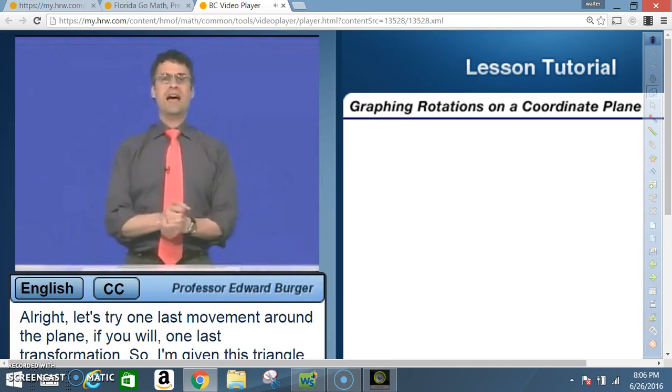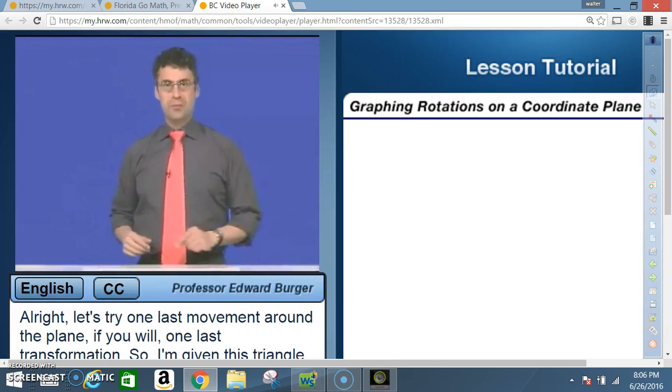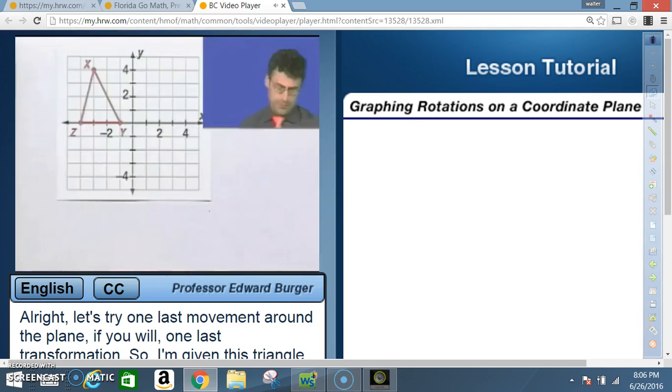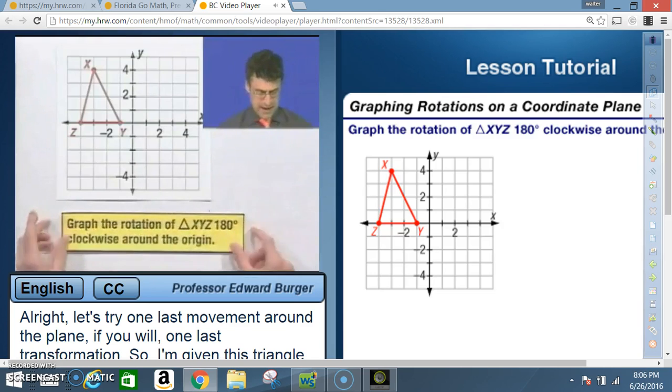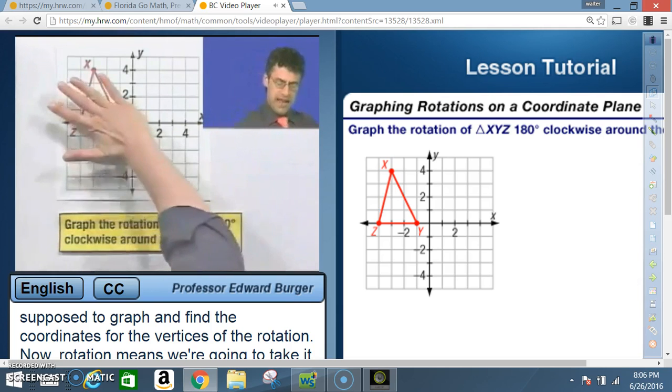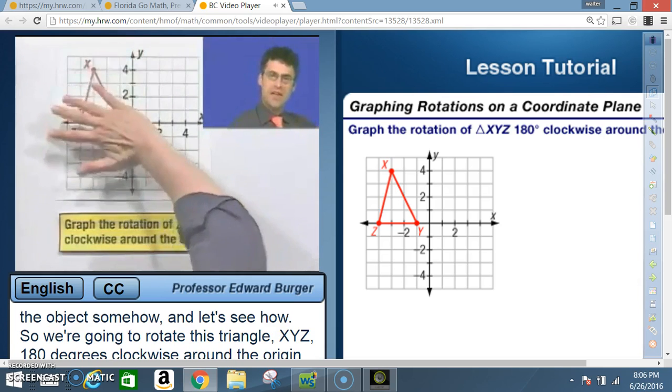All right, let's try one last movement around the plane, one last transformation. I'm given this triangle XYZ, and we're supposed to graph and find the coordinates for the vertices of the rotation. Rotation means we pivot the object somehow.